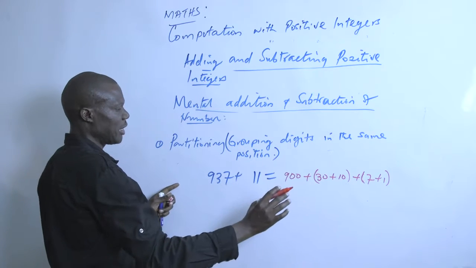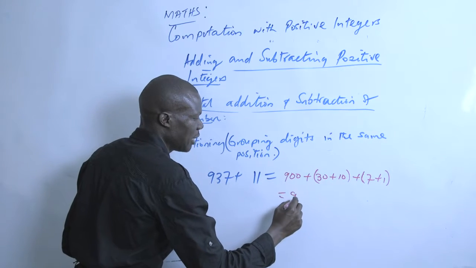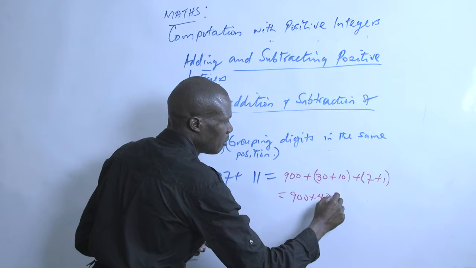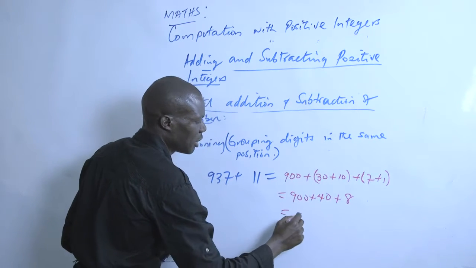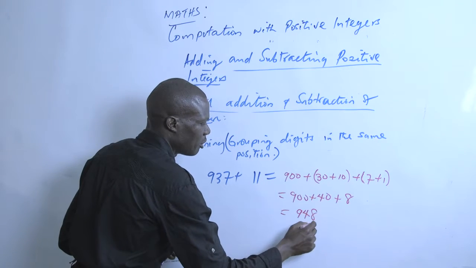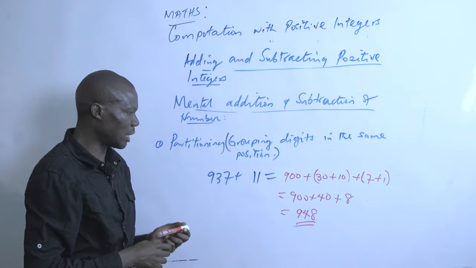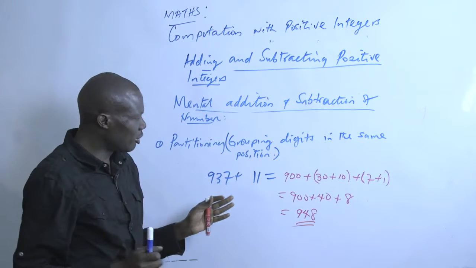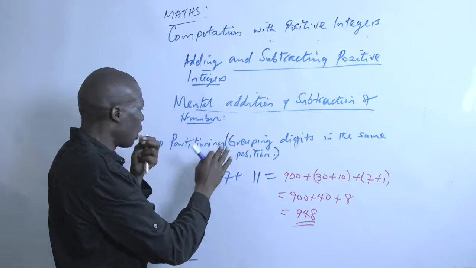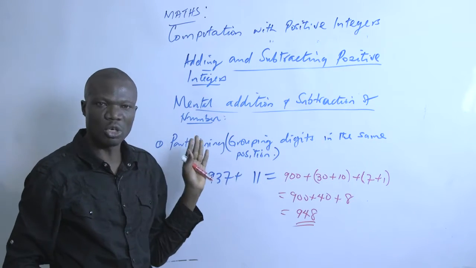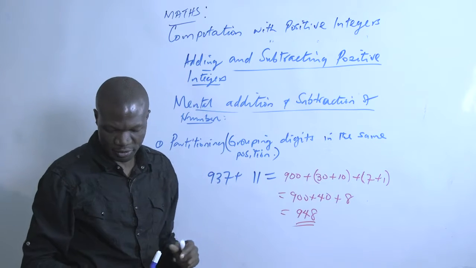When we add these together, this is 900 plus 40 plus 8, which gives us 948. So we can use positioning or grouping of digits in the same position to add numbers.